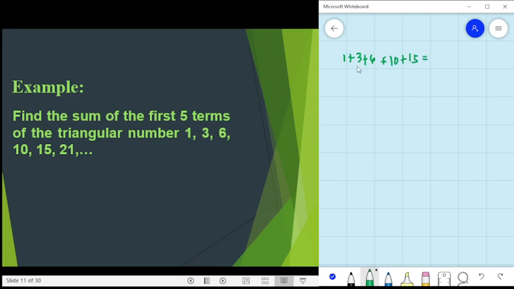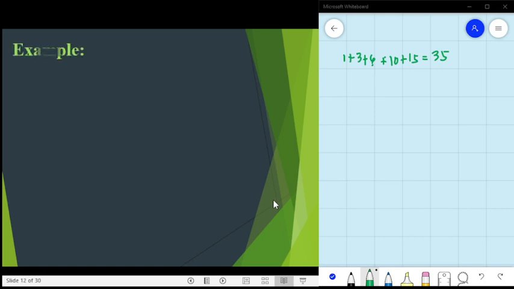So, up to 15 only because it is the first 5 terms. So, 1 plus 3 is 4, plus 6 is 10, plus 10 is 20, plus 15 is 35. So, the series is 35.